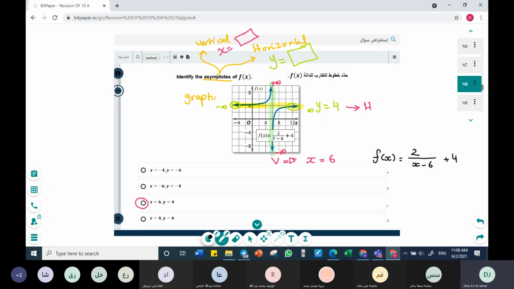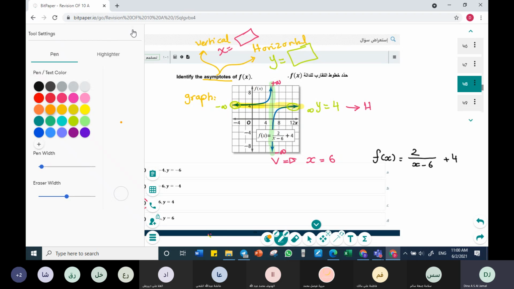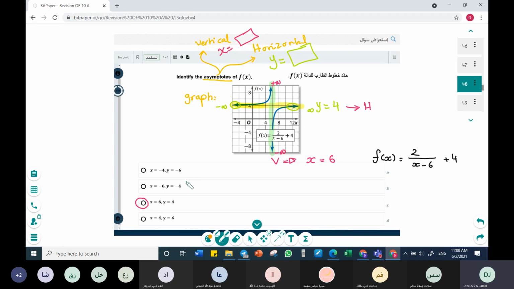So you need to understand that whenever you are given a function, always your vertical asymptote will be making the denominator equal to 0. So if you made the denominator equal to 0, then you will be finding your vertical asymptote. So x minus 6 is equal to 0. That means x is equal to 6. Done.